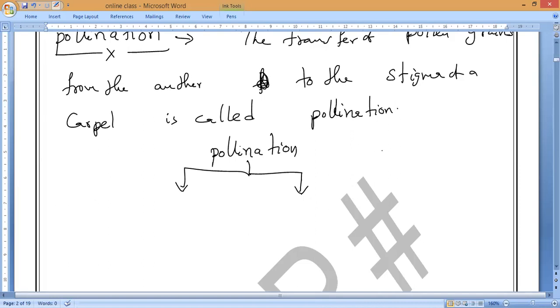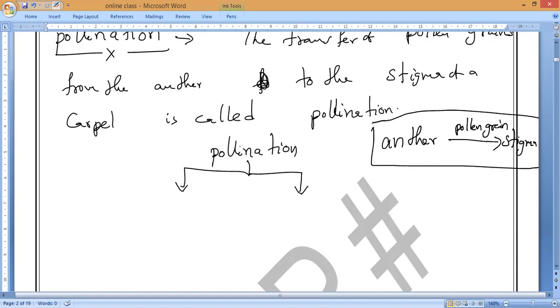I will write it in the form of an equation: anther, stigma, and in the middle, pollen grains. This line indicates the definition of pollination. So the carrying of pollen grains from the anther to the stigma is called pollination.